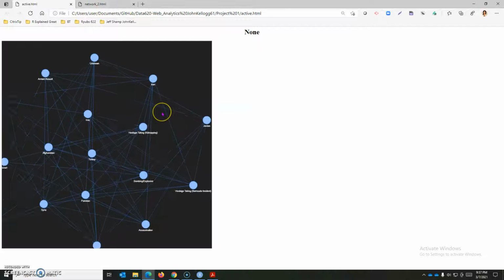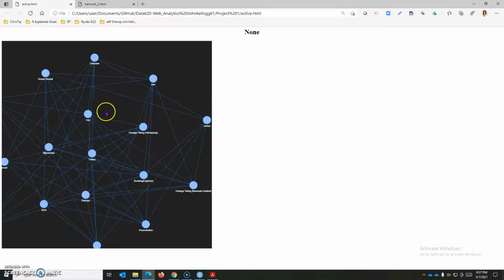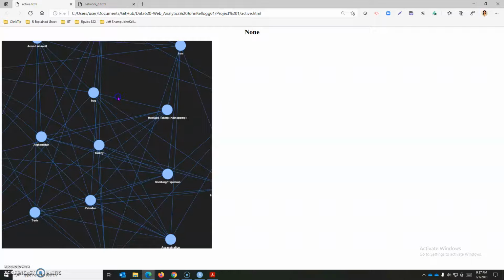So here is the visualization for the network. As I said, country and target types are our nodes. Very interestingly, we can see that Afghanistan and Iraq are in the center with high connection, not surprisingly because they are the hot zone, war zone.